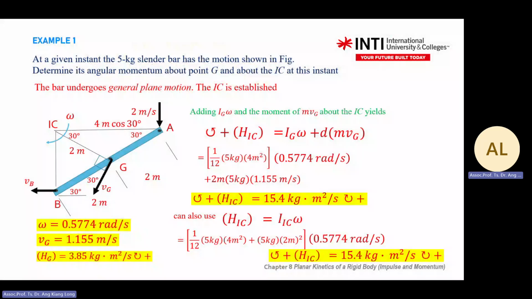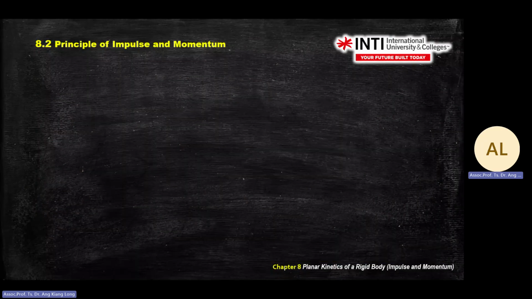Okay, once we have the H, now we go into the principle. For the principle, you look at impulse and momentum. What is impulse? Impulse is what?